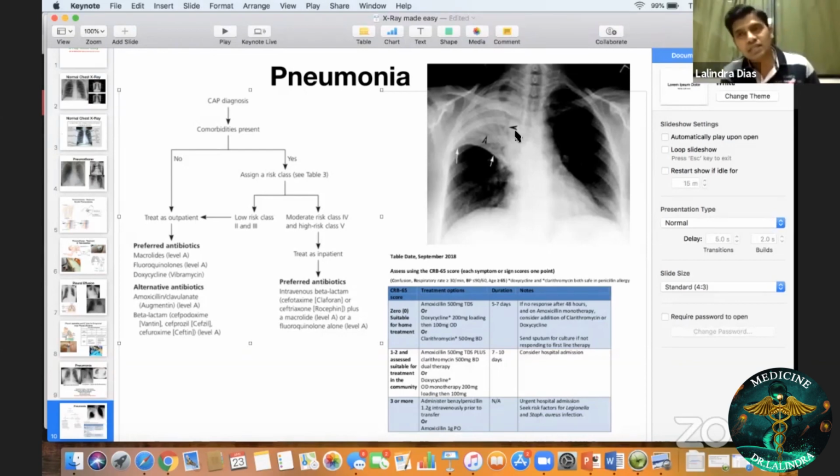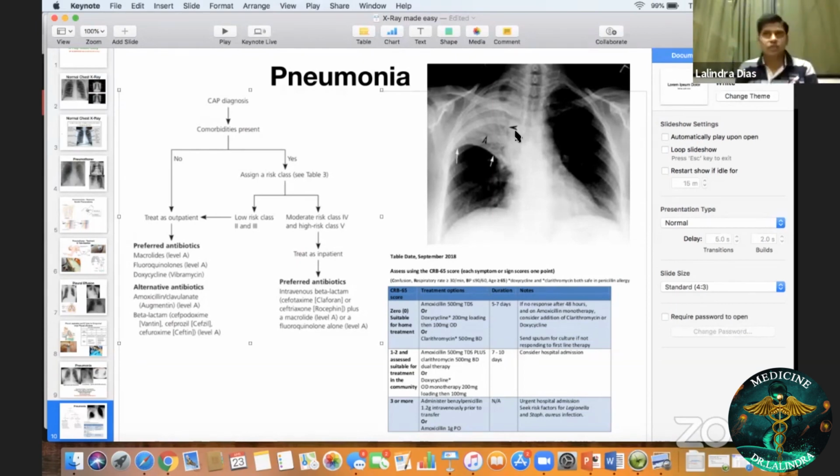But that per se is not enough. Why? You also have atypical organisms like Mycoplasma, Legionella, Chlamydia. So to cover the atypical organisms, you also have to give a macrolide or doxycycline. What are the macrolides available? Erythromycin, azithromycin, and also clarithromycin. One of those antibiotics should be given.